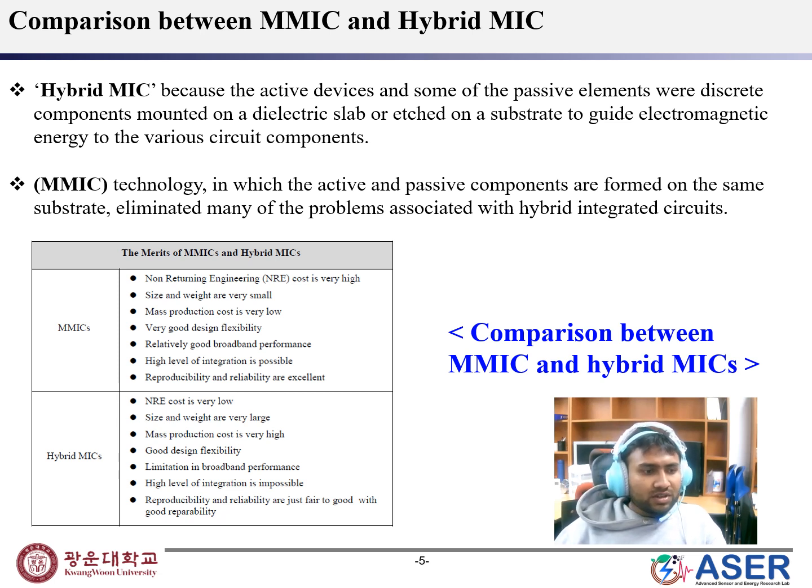In the case of hybrid MIC, non-recurring engineering cost is very low, size and weight are very large, mass production cost is very high, good design flexibility, limitation of broadband performance, a high level of integration is impossible, and reproducibility and reliability are just fair to good, with good repairability. Here we can understand that MMIC is better than hybrid MIC from this table.